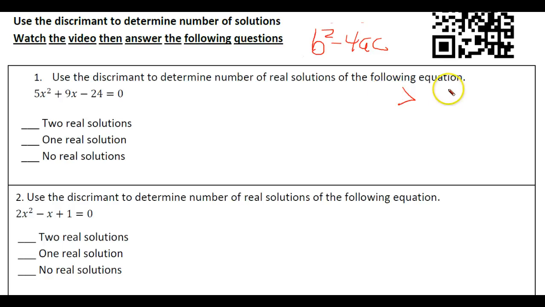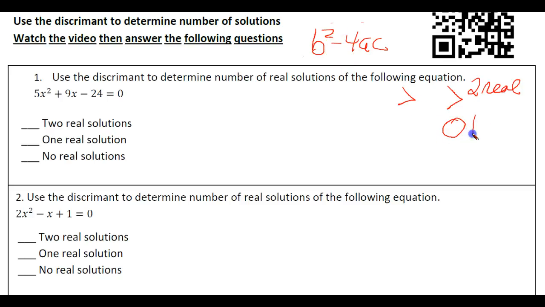let me write it this way. If the discriminant is greater than 0, then you're going to get 2 real answers. If the discriminant is 0 itself, then you're going to get plus or minus 0.